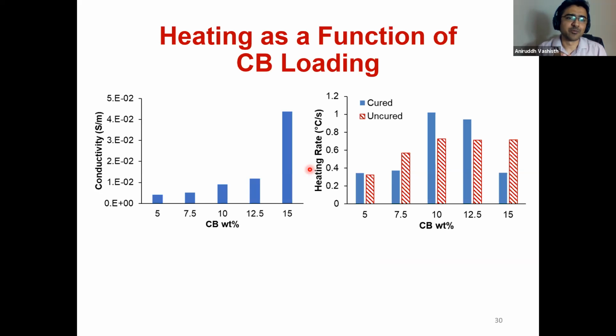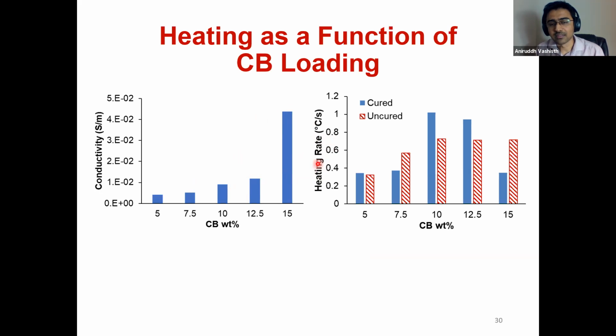So the first thing that we did was look at the conductivity of this Betamate adhesive with different concentrations of carbon black. You can see here that as we increase the concentration of the carbon black nanofillers, at one point our conductivity shoots up, and this is where we have our percolation.